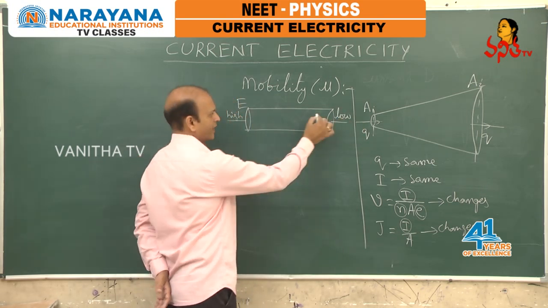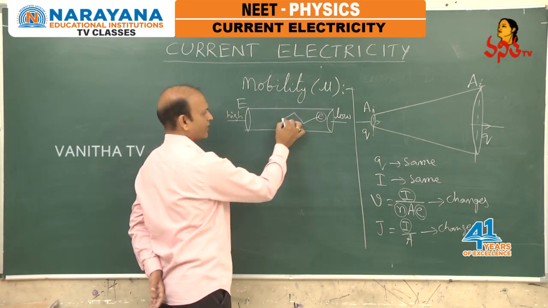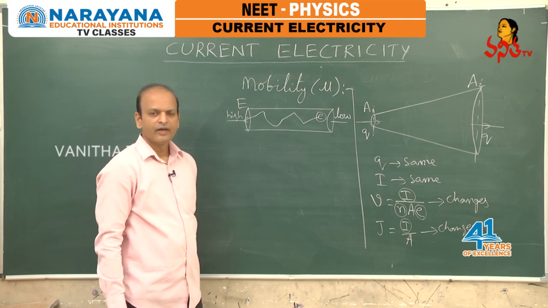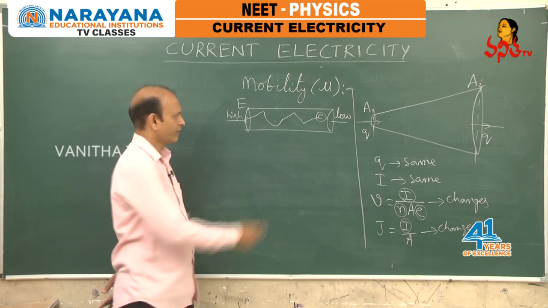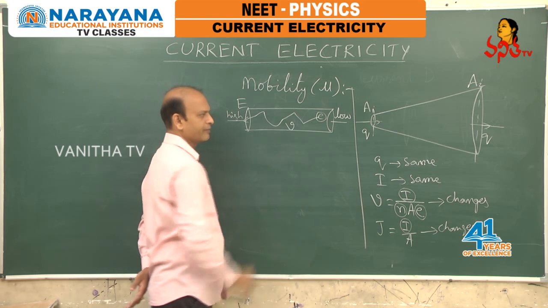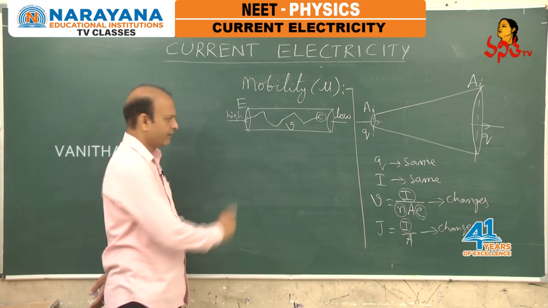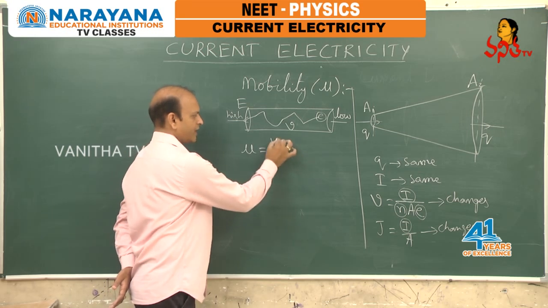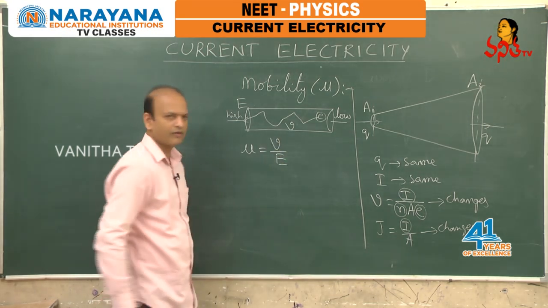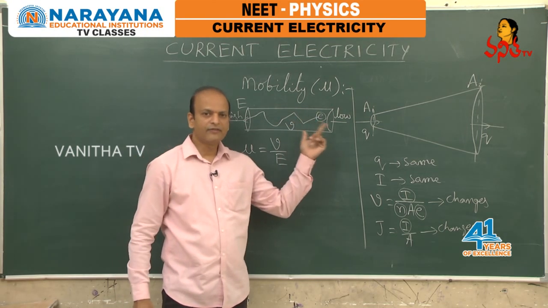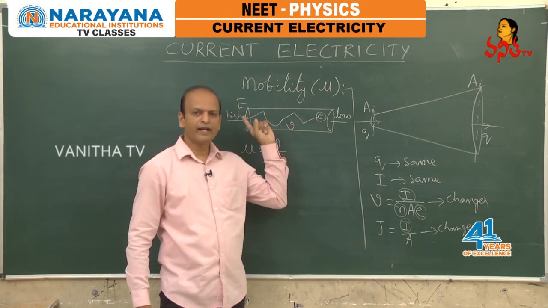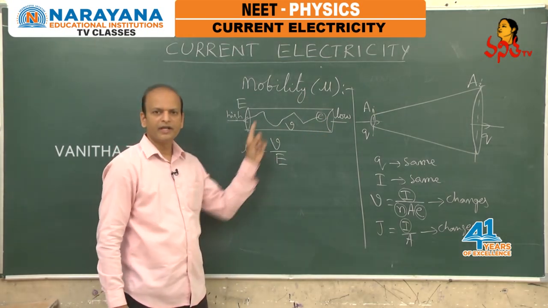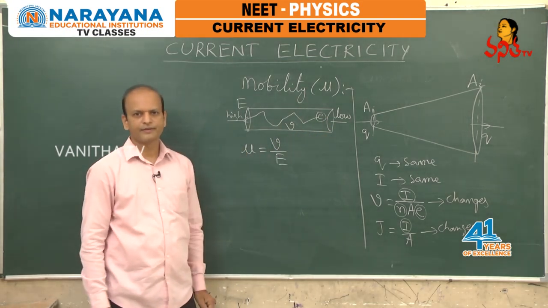Electrons are moving from one end to the other in random motion with drift speed. With what speed are they moving? Drift speed. Then mobility is defined as the drift speed per unit electric field. The drift speed of the electron per unit electric field applied across this conductor is the mobility for these electrons.